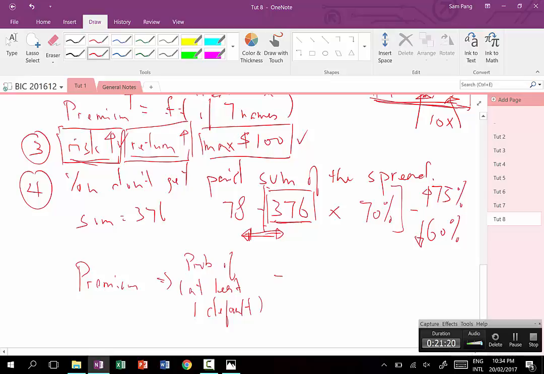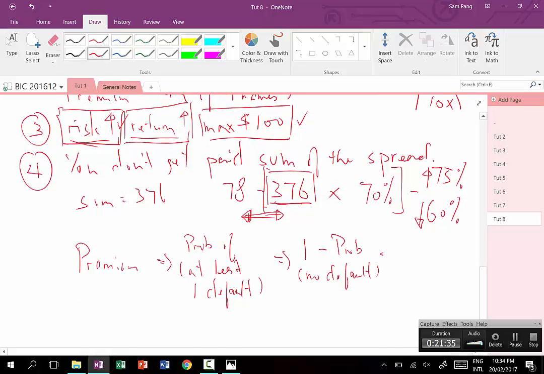Now, which is equal to 1 minus the probability of no default. Now that's actually driven by, what do you think? Correlation between the entities.